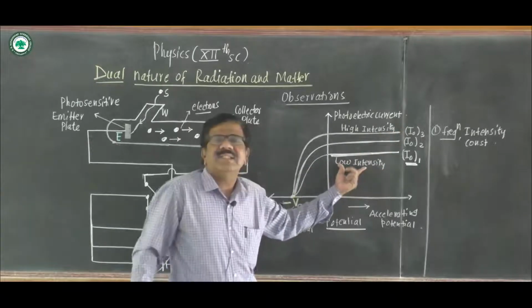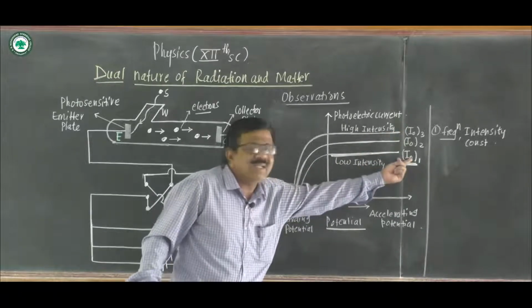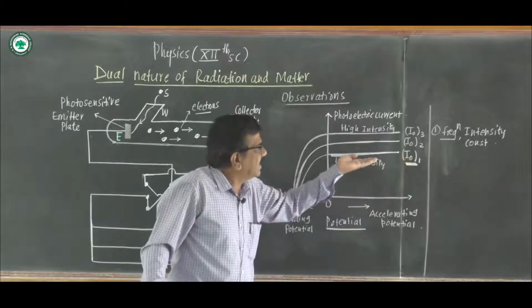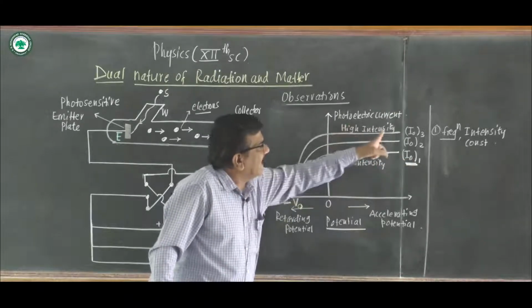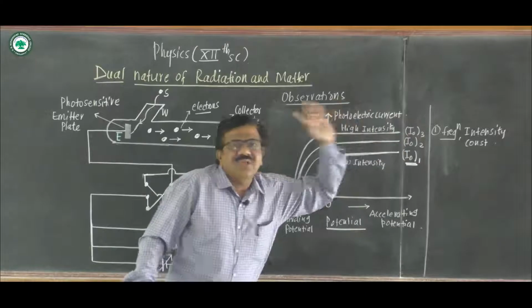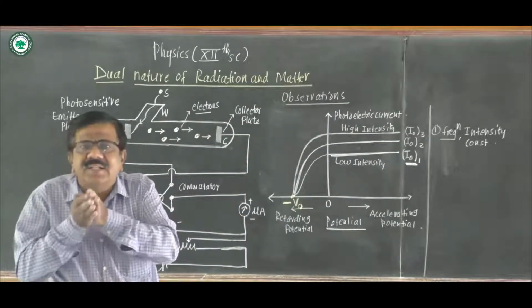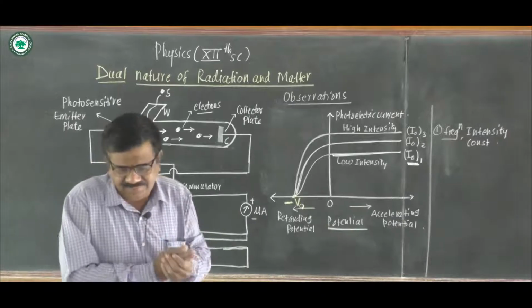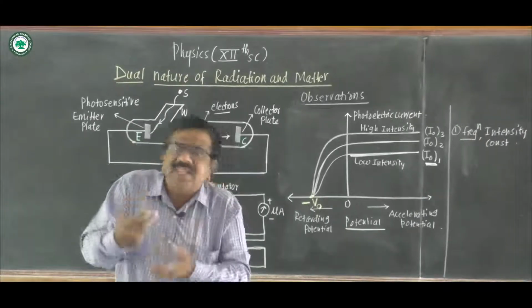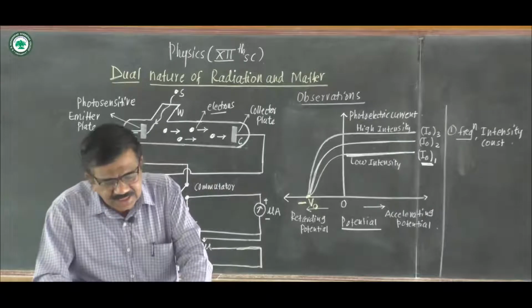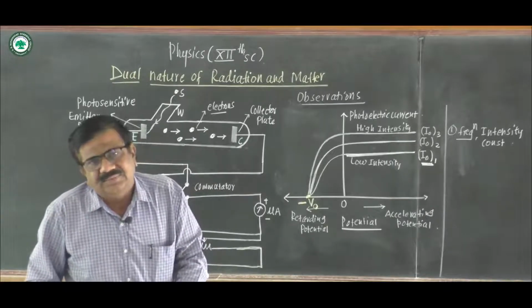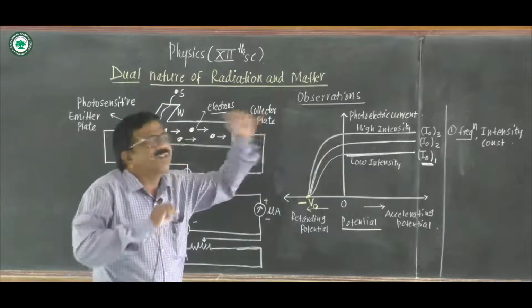For low intensity, saturation current is low. For high intensity, this saturation current is high. It means saturation current depends on intensity. If intensity is doubled, saturation current also doubles. So this is about the saturation current.